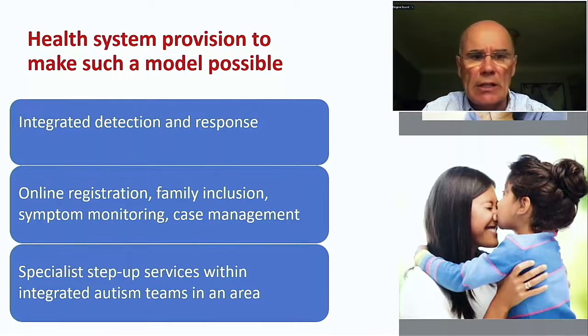A system which can give us integrated detection and response, and then a system that can use online processes to register, to validate and interact with cases, have family inclusion, symptom reporting, all using online facility, online case management, and then that can trigger us to mobilize specialist step-up services in a timely and integrated way with autism teams in a particular area.